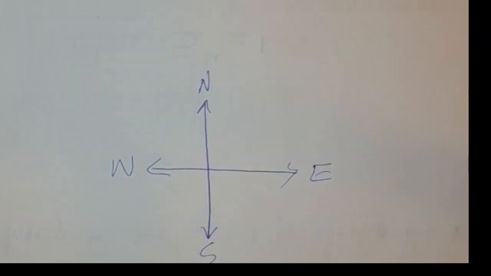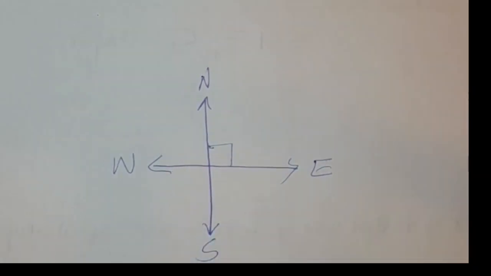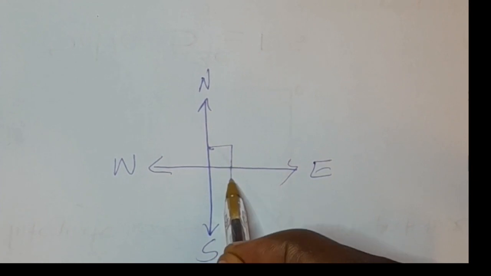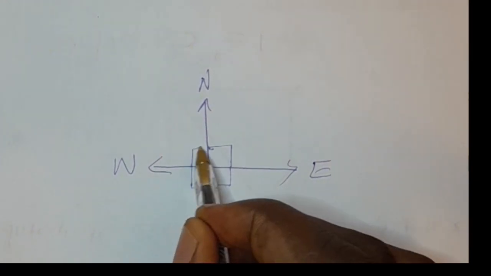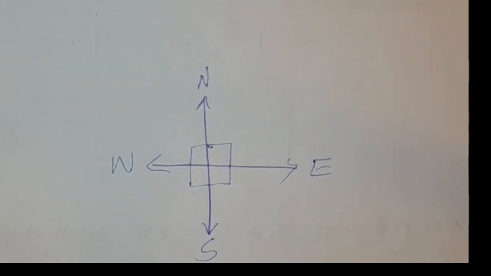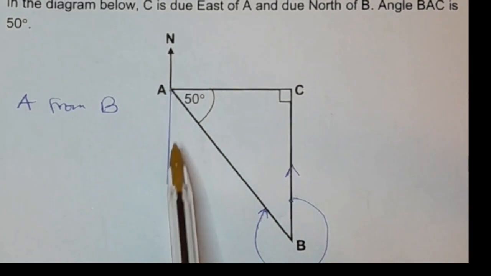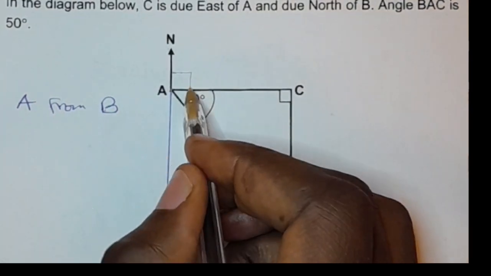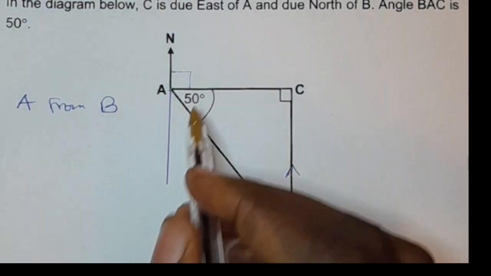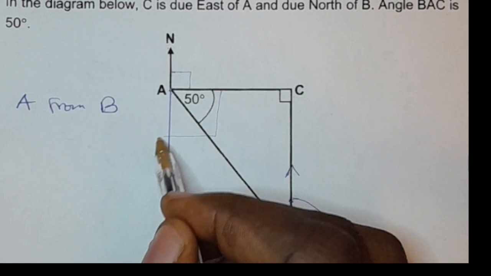This angle here is 90 degrees, and again this angle is also 90 degrees, this angle is 90 degrees, and this angle is 90 degrees. Okay. So now, when you come to this question, this is the north, so this angle here is 90 degrees. Again, the entire angle here is 90 degrees.